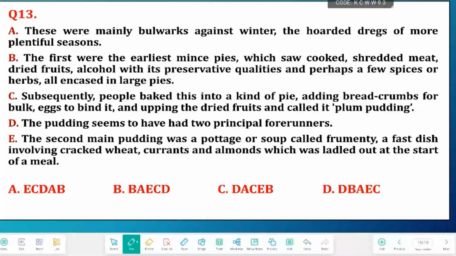Statement C, subsequently people baked this into a kind of pie, adding breadcrumbs for bulk, eggs to bind it, and upping the dried fruits and called it plum pudding. Statement D, the pudding seems to have had two principal forerunners. And statement E, the second main pudding was a pottage or soup called frumenty, a fast dish involving cracked wheat, currants, and almonds, which was ladled out at the start of a meal. So we have a five statement parajumble over here. You roughly have a couple of minutes to solve this, and your time starts now.